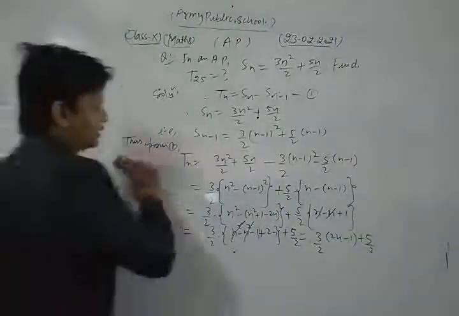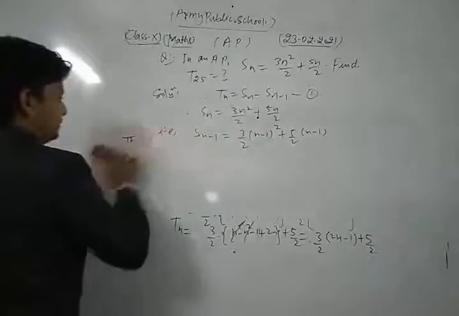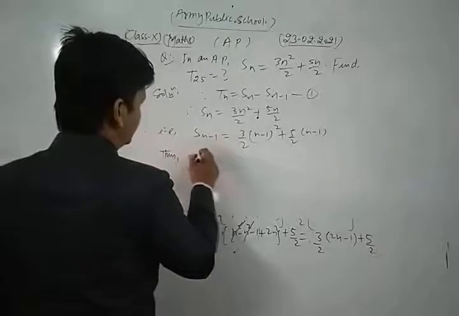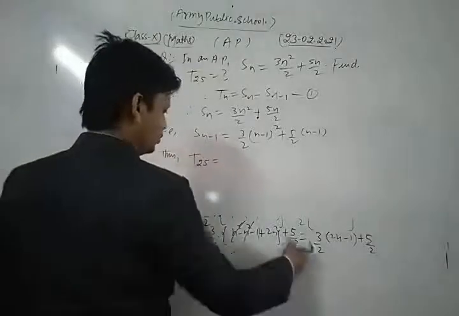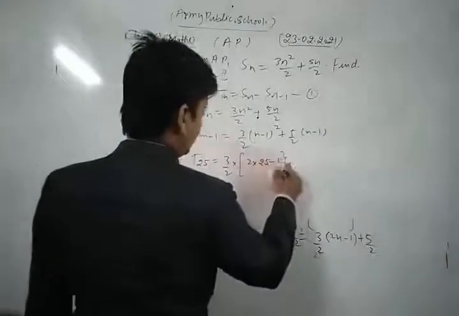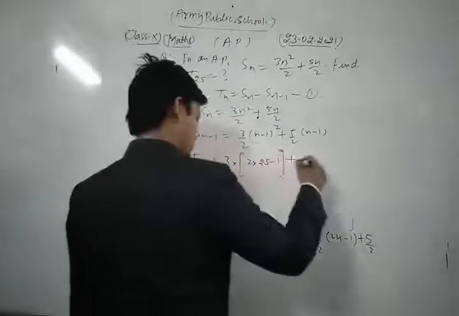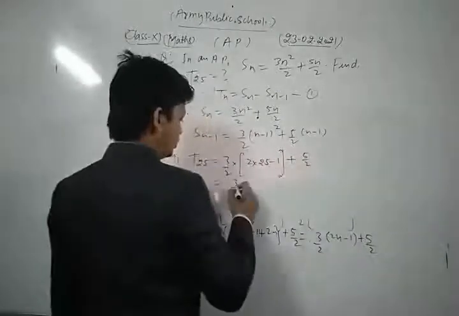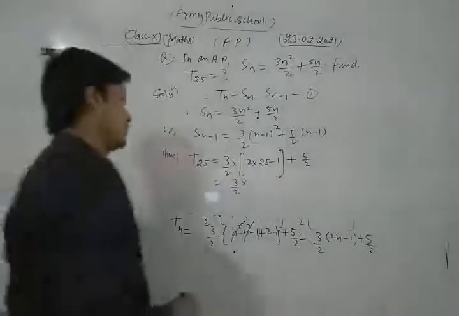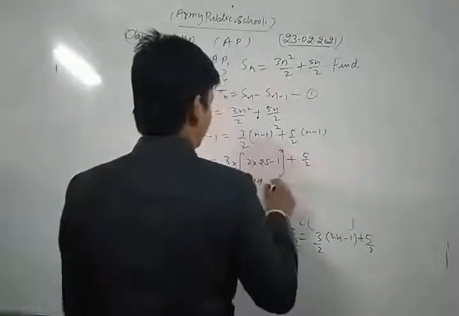Thus the 25th term T25 is equal to 3 by 2 into (2 into 25 minus 1) plus 5 by 2, so 3 by 2 into 49, plus 5 by 2.